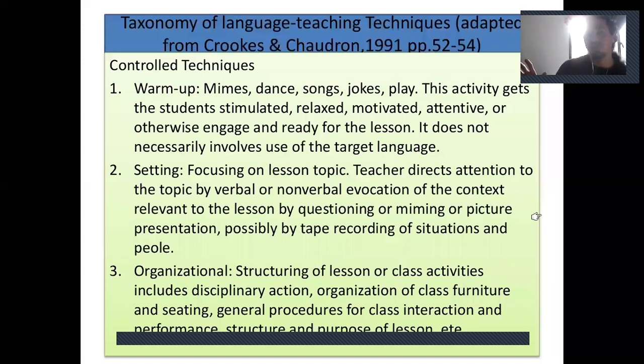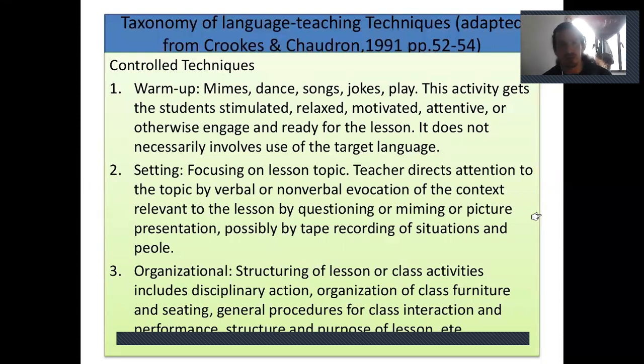And these are just the ideas that we need to take into account. This information was adapted from Crookes and Chaudron, 1991, related to the taxonomy of language teaching techniques. This is going to be very useful for your planning, okay? So pay attention to this.